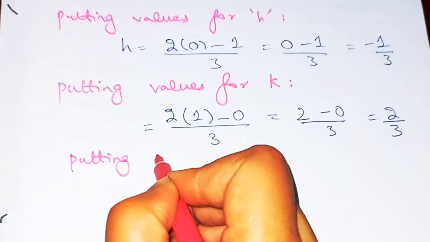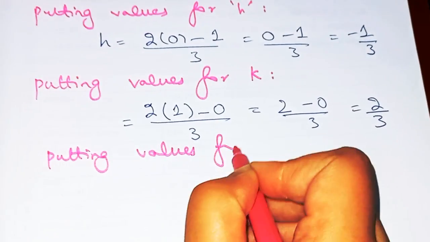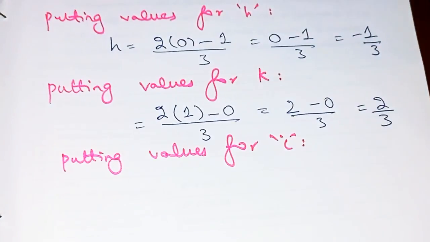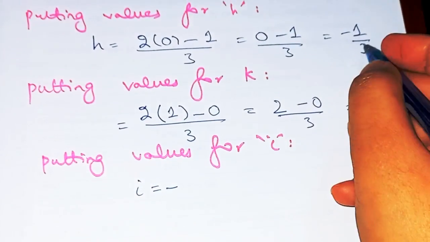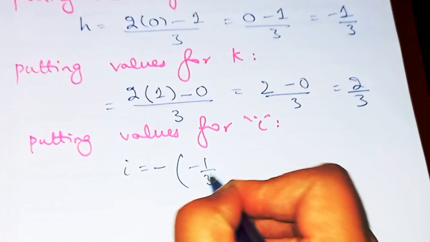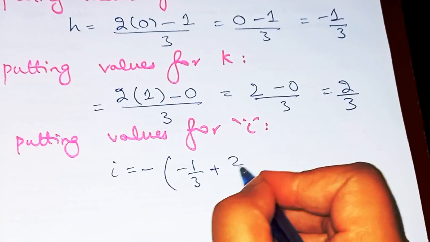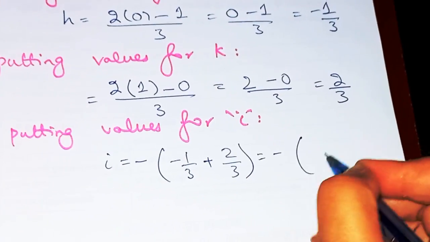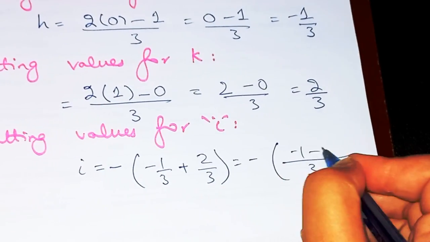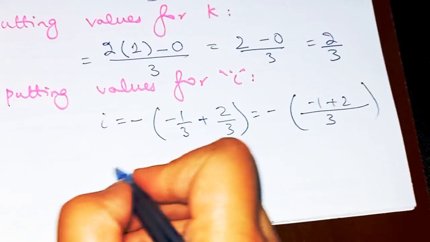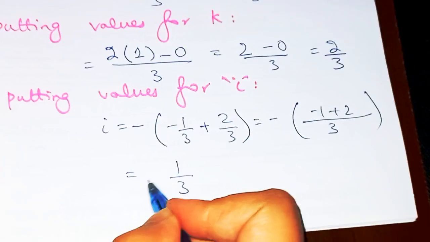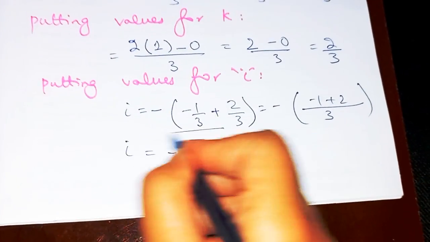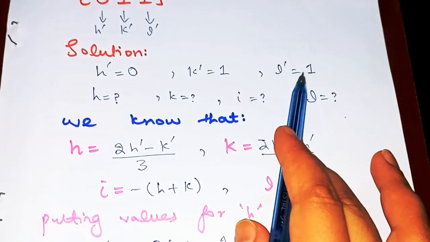Putting values for I, we got minus H plus K, which is minus 1 by 3, which was H, plus K, which is 2 by 3. Let's add them up. It's 3 as LCM, minus 1 plus 2 is the numerator, minus 1 plus 2 is 1 by 3, and this negative is already there, so it's minus 1 by 3 as I. And lastly, L equals L prime.